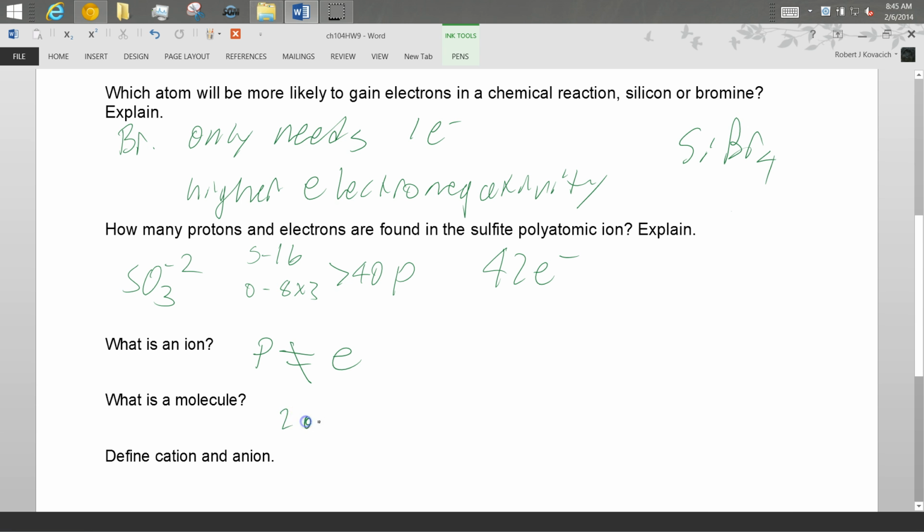A group of atoms chemically bonded. Yeah, that part's the important part. Two or more elements chemically bonded to each other.